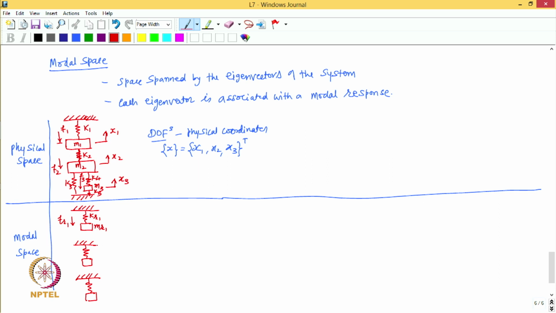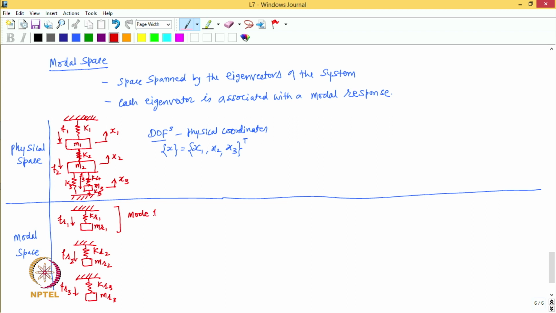Similarly, the second system has stiffness K R2, mass M R2 and force acting is F R2, the modal force for mode 2, and then we have K R3, M R3 and F R3. So, this first system with properties K R1, M R1 and F R1 corresponds to mode 1.